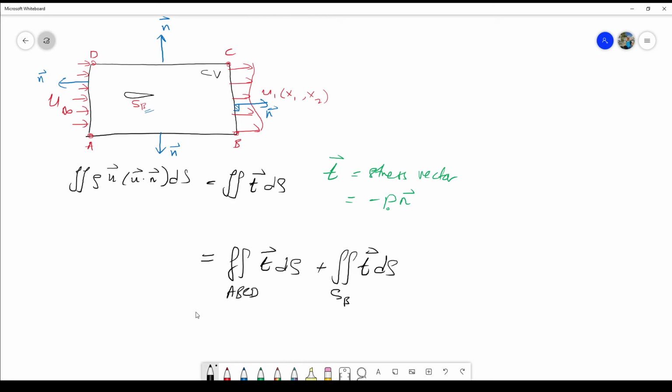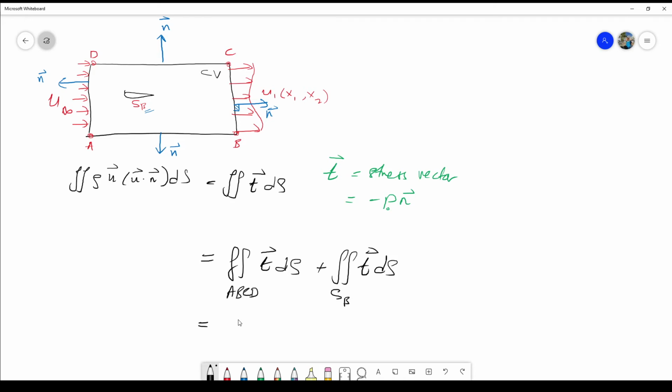or on the surface of our wing. We know that the pressure on the surface of the wing may vary according to the shape of the wing itself, but on the surface of the control volume, the pressure may be almost constant.